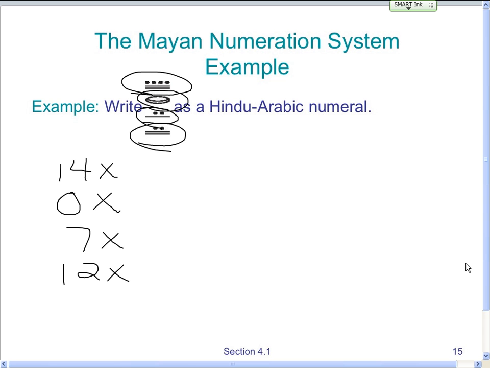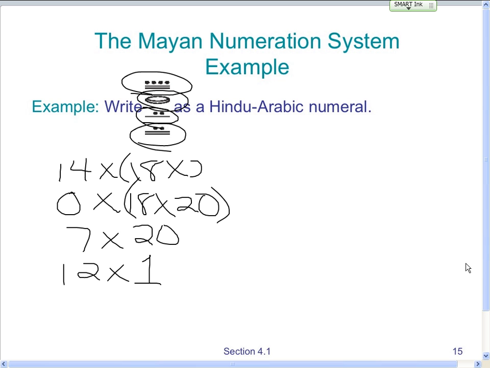So with the Mayans, remember the bottom number gets multiplied times 1. The next number gets multiplied times 20. The next number times 18 times 20. Okay, so this is my place value here. The next number is times 18 times 20 squared.